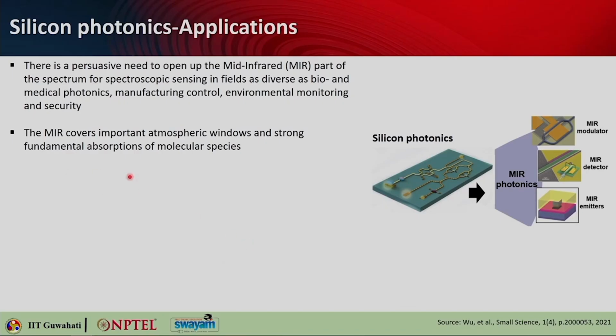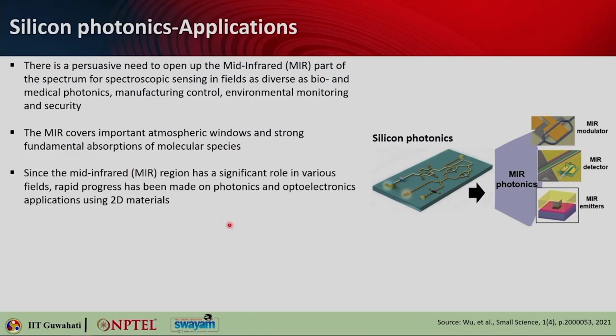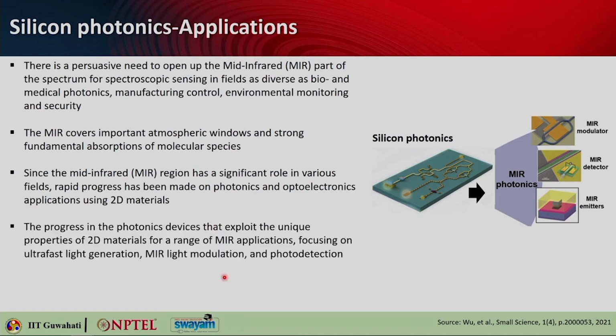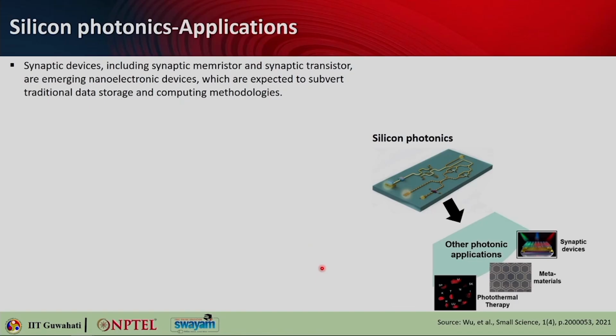Mid-infrared typically covers an important atmospheric window and strong fundamental absorptions of molecular species. Since the MIR region has a significant role in various fields, rapid progress has been made on photonics and optoelectronics applications using 2D materials in this area. The progress in photonic devices that exploit the unique properties of 2D materials for mid-infrared applications is mainly in ultra-fast light generation, mid-infrared light modulation and photodetection. So these applications are supported.